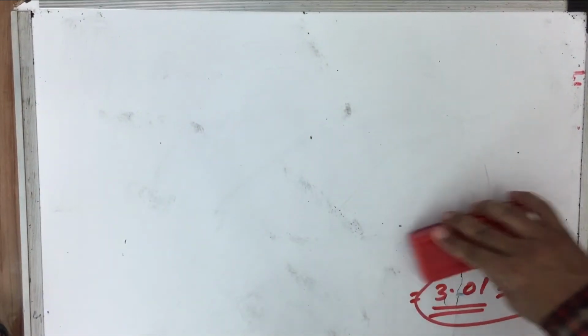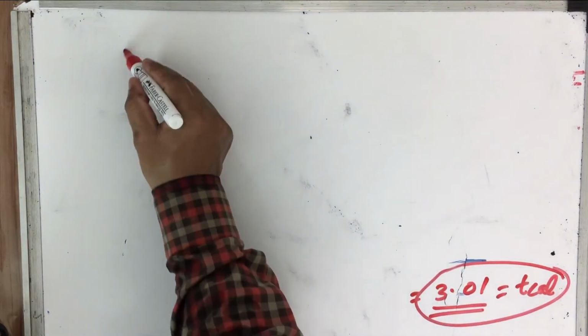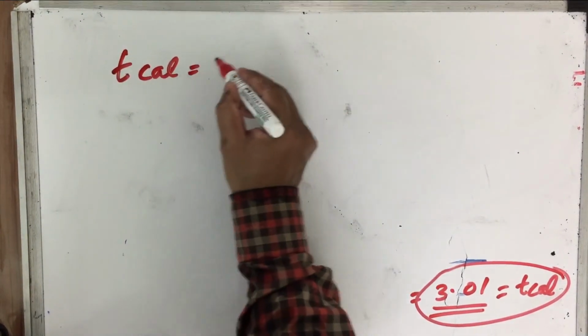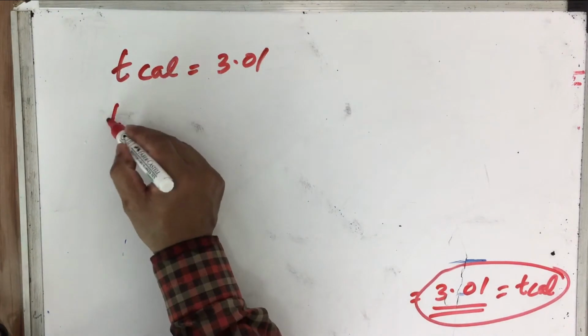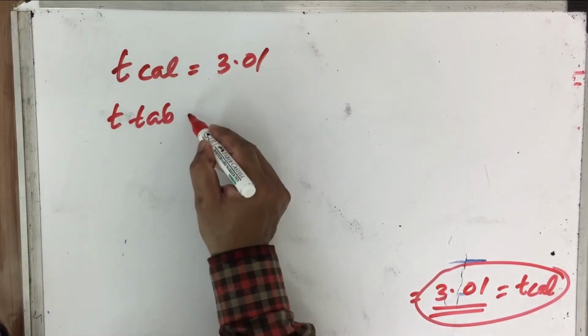So therefore, the T calculated value is 3.01. Now we need to look at the T table value, and the table is a statistical table. You can look at any book to get the statistical table, and the T is the table value. This is how we write it.